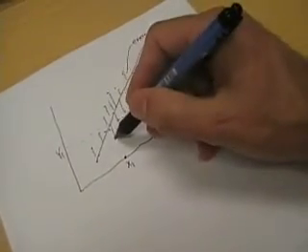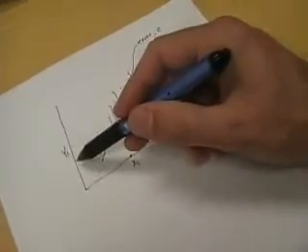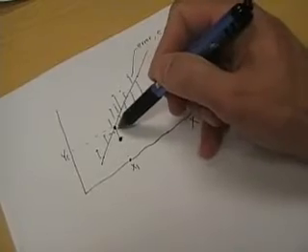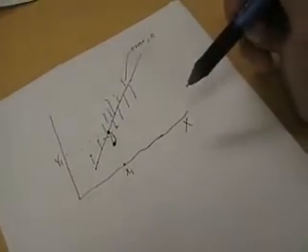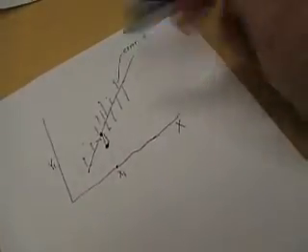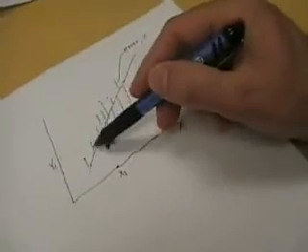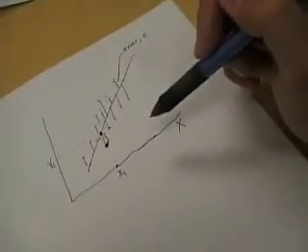But this point was an actual observation of x1 and a y over here. This was the actual, this was the predicted. So the difference between the actual and the predicted we'll think of as an error in our line. Our line didn't do a good job of fitting this observation. So all these distances here are the errors associated with choosing this particular line.